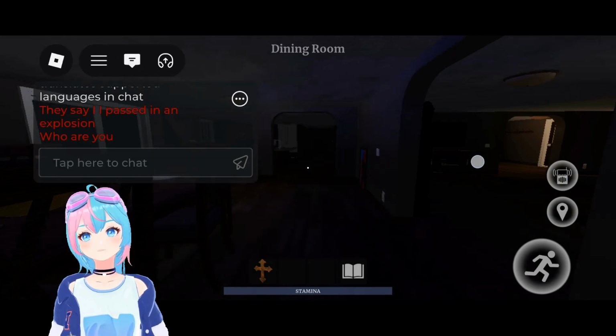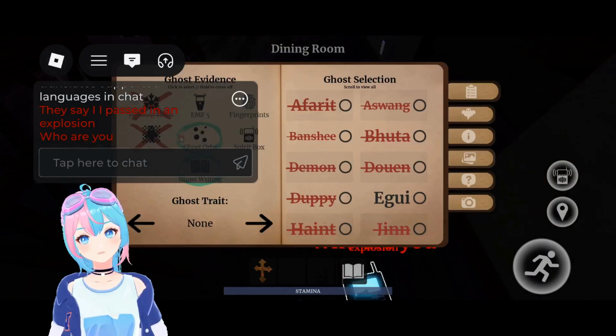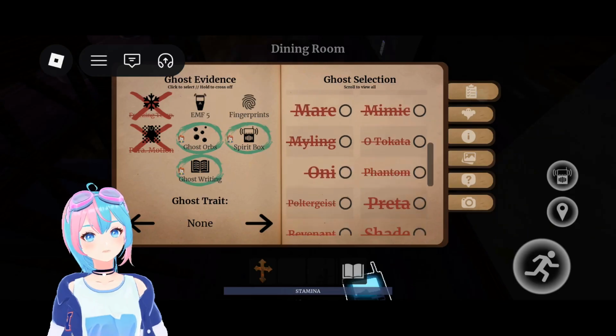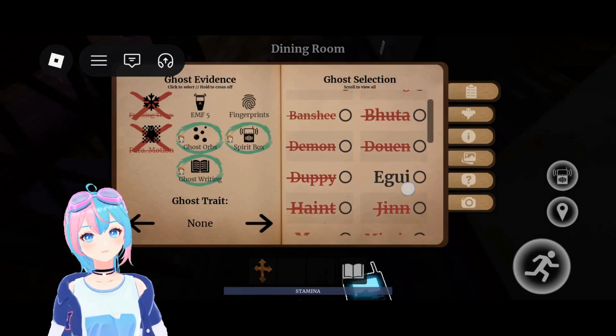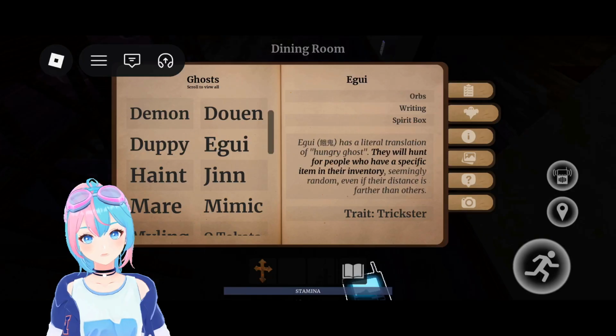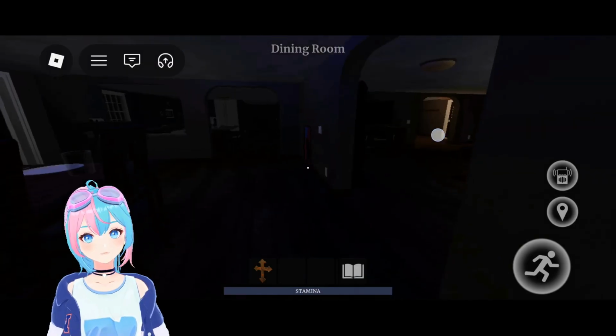Oh, it is fun. I know for sure that we have spirit box. It's Ikoi. What is Ikoi? That's very interesting. And then we had that.